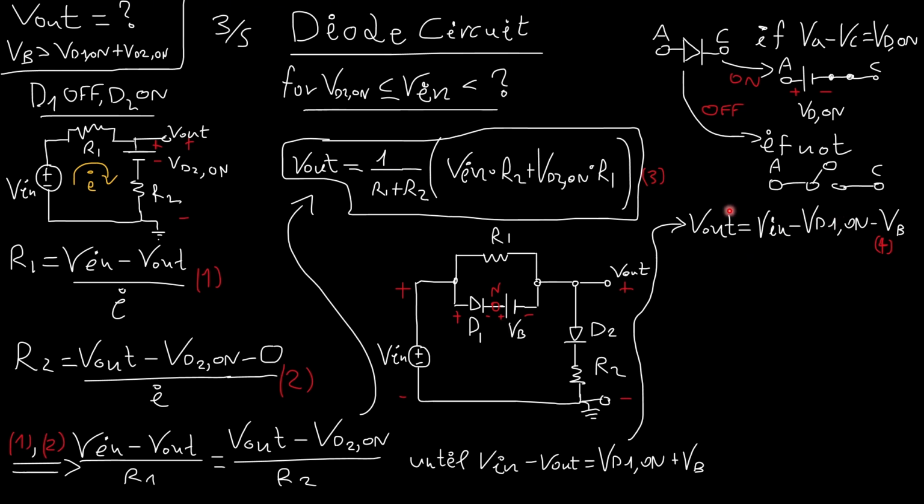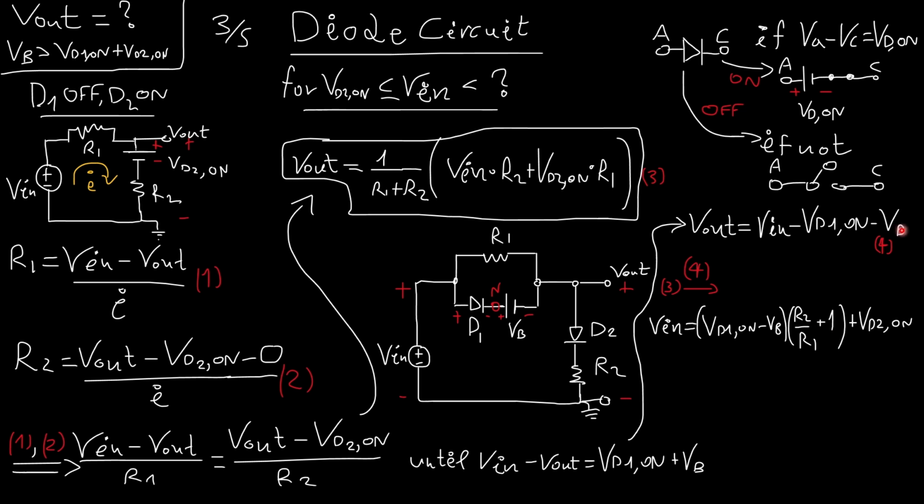And now if I take this equation and I plug it inside here for Vout, I can find the input voltage that D1 turns on. This is the borderline situation in which D1 turns on and this equation no longer holds true.